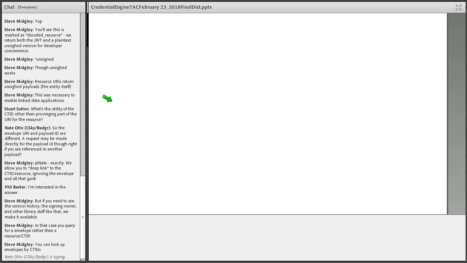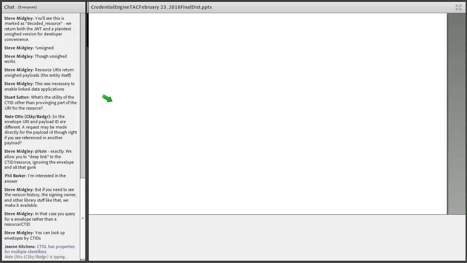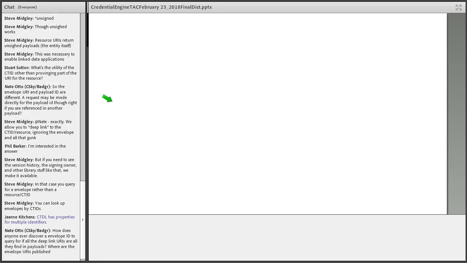We wanted to provide the CTID as a way of recognizing a credential that is registered in the registry. The one way to check to see if something is registered in the registry is to look it up by its CTID. So again, it's not the only way you'd use it, but it is the major use case for it. Thanks. Right, and I think to the core of this, the CTID is the unique ID that defines an entity.